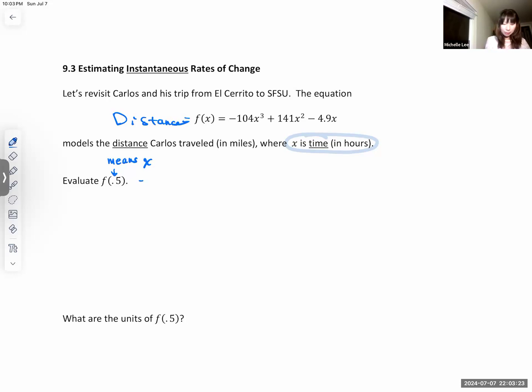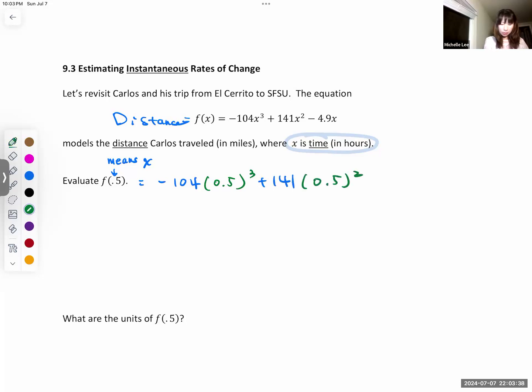So there will be negative 104.5 to the third power plus 141.5 to the second power minus 4.9 times 0.5.